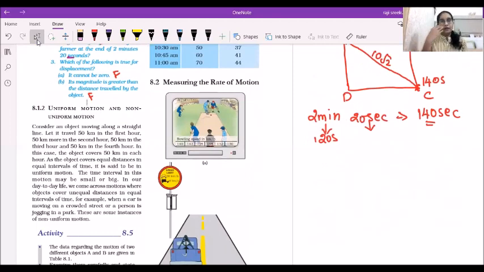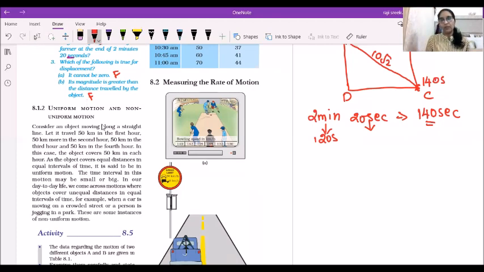Before moving to the next topic, there is a term given in the textbook: uniform motion and non-uniform motion. Do you know the meaning of the word uniform? Uniform means something is equal. In school, we wear a uniform to create that sense of equality. So uniform means something is equal there.